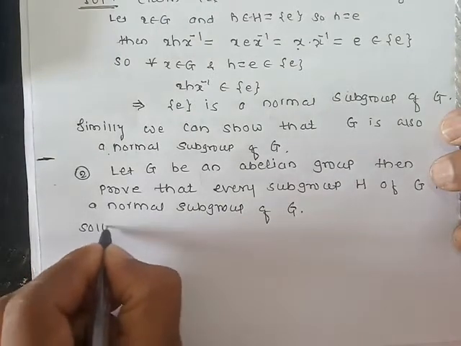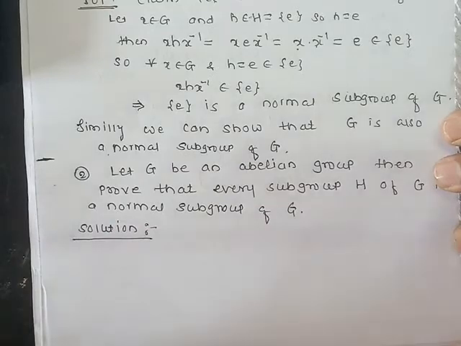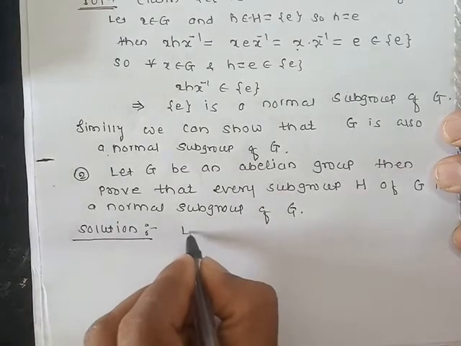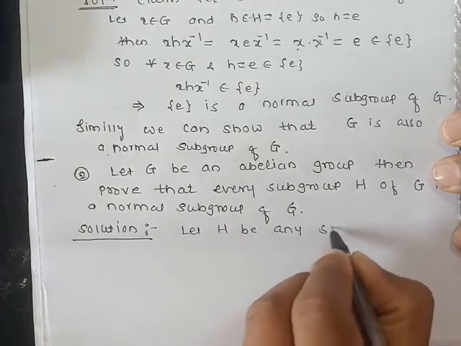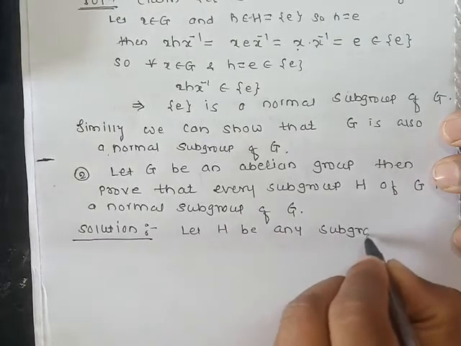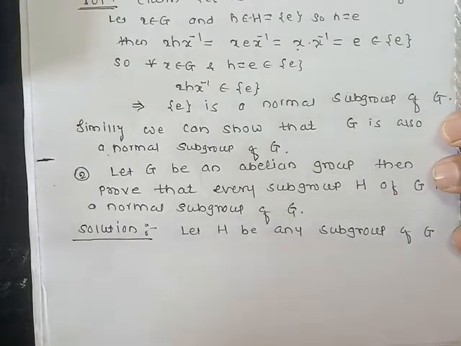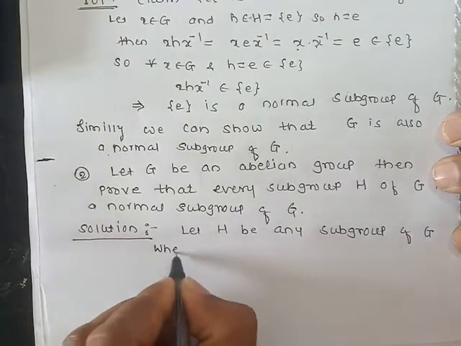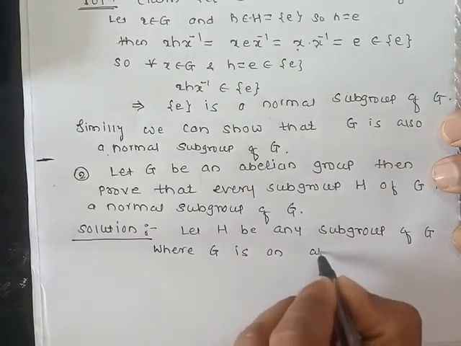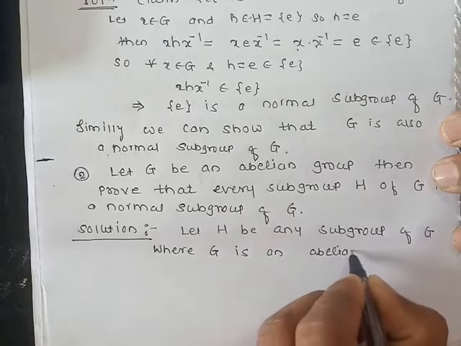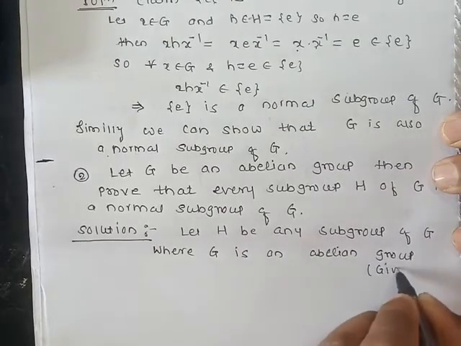Solution: let capital H be any subgroup of G, where capital G is an abelian group, which is given.